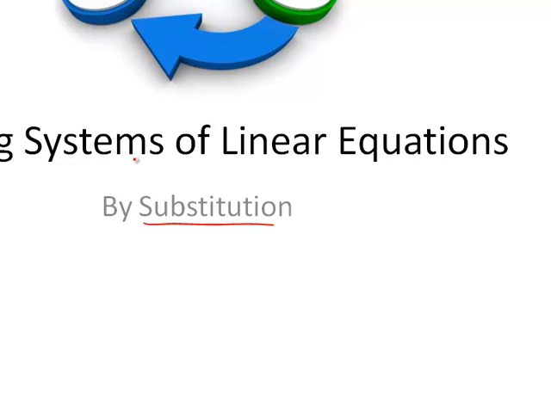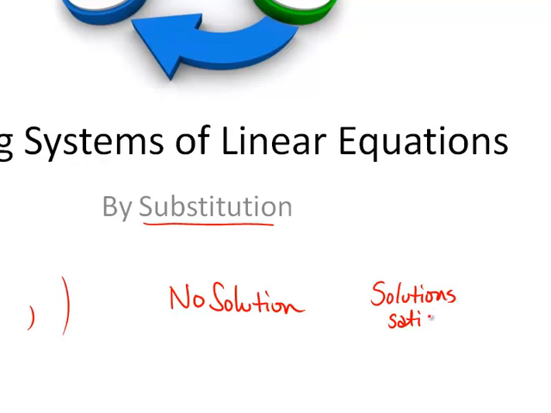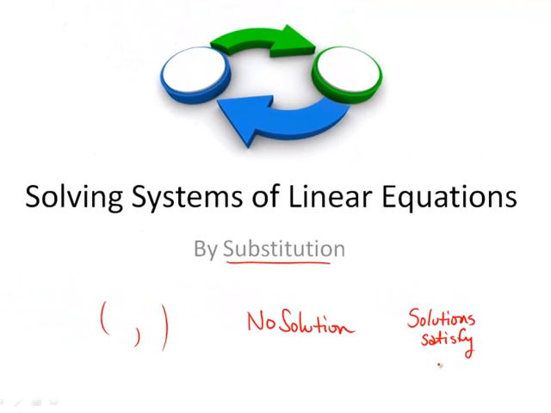And remember, we have three possible results: either a single solution, a point, or no solution, or we could also have the option of the lines being the same, which gives us all possible solutions, solutions that satisfy the line equation.